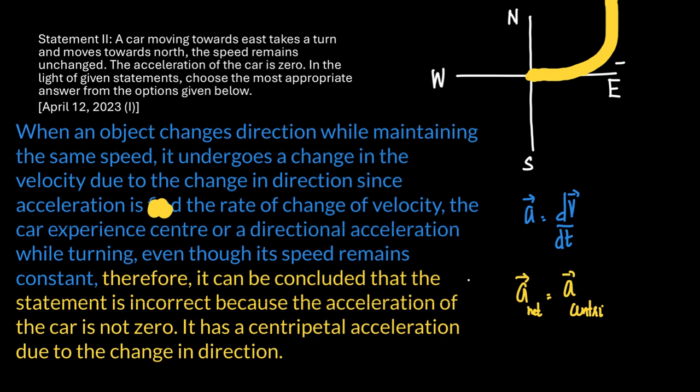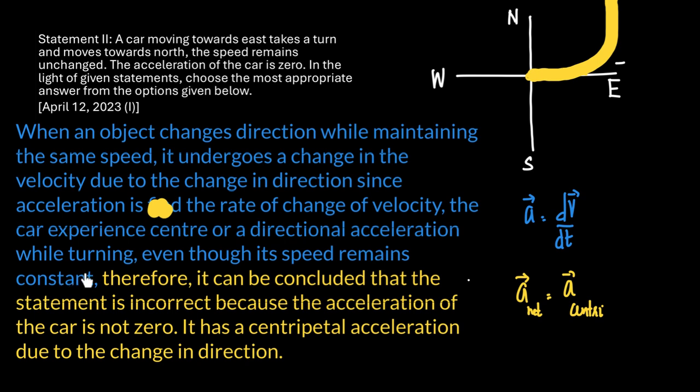The car will definitely experience what kind of force? It will experience a force that will act towards the center. Yes, what kind of force? Exactly, what we call the centripetal force.